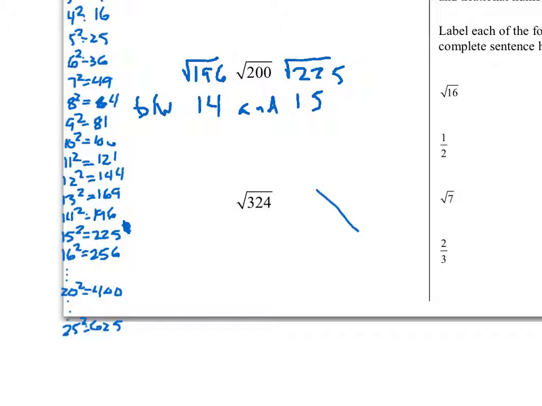Now the last one, square root of 324. When I get the square root of 324, that's between my 256 and my 400. But there's a handful of whole numbers in between there. So I'm just going to have to start doing the work. I'm going to do 17 squared off to the side, which is 17 times 17.